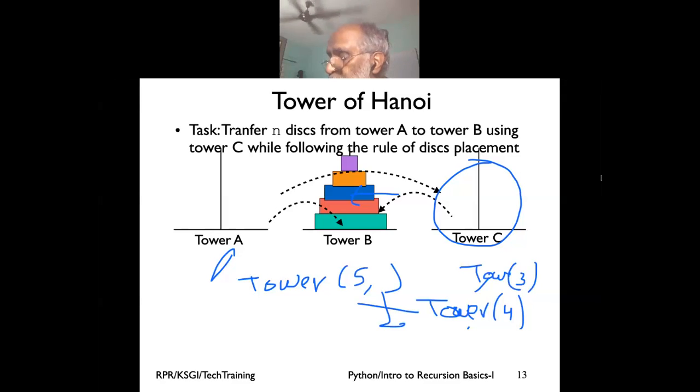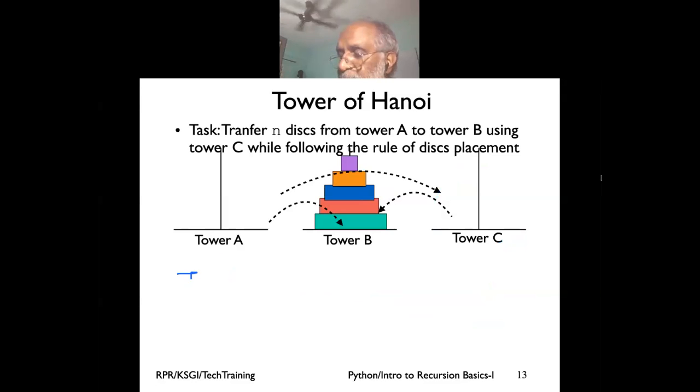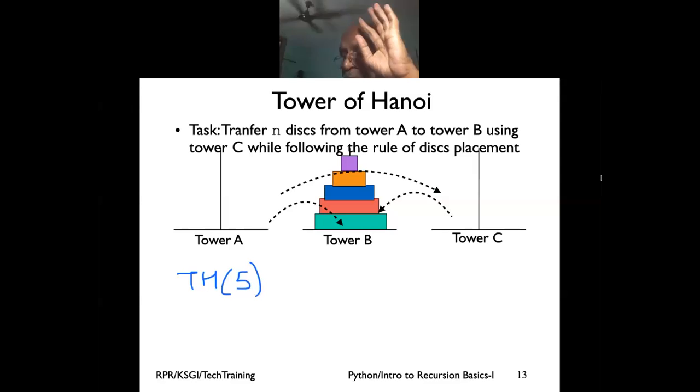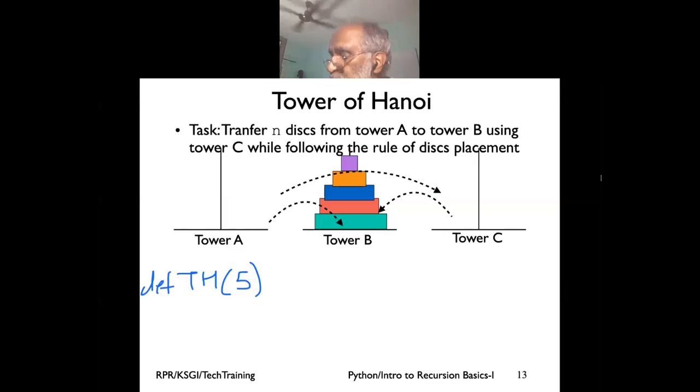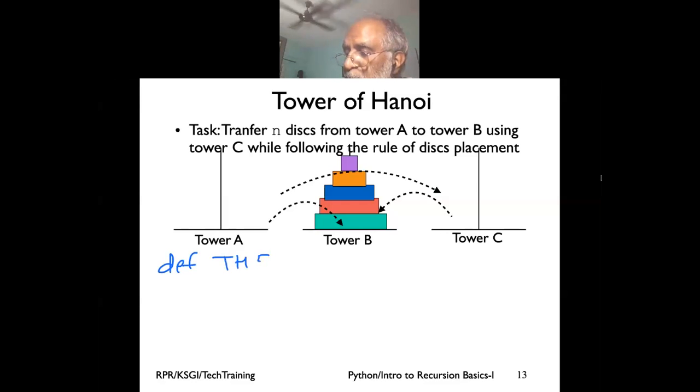Let's say my program is called TH of 5. Okay. This is my program. def TH of 5: TH of 5 moves from A to B using C. Correct?